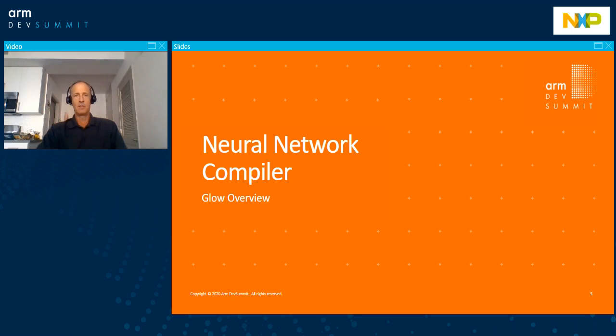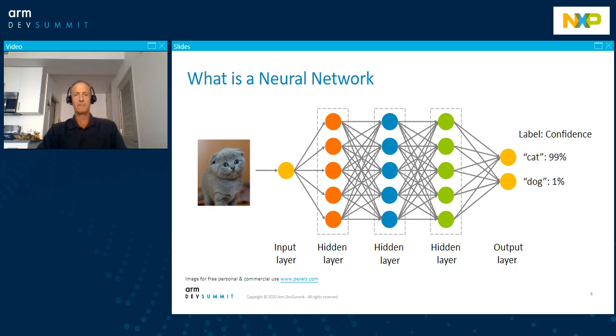So now let's get into a little bit on the neural network compiler itself. First of all, this is extremely basic, but this is what a very simple neural network looks like. And as you probably are familiar already, it's comprised of these nodes that are connected in various links. Basically what happens is you put the input in, it could be an image, it could be a video frame, it could be sound.